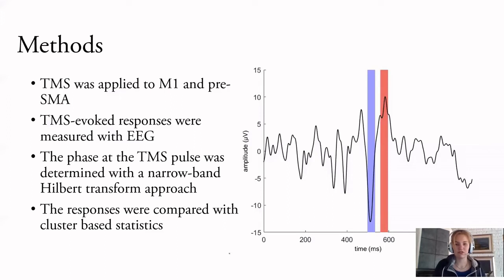Then you cluster together the initially, so at this point, significant data points based on temporal and spatial adjacency, and add all the test statistics within each cluster to form a cluster level statistic. Then permutational tests are performed by reassigning the trials randomly into new classes a big number of times.